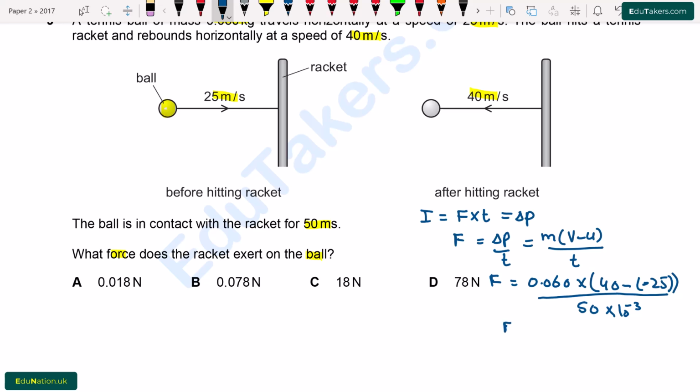So force will be equal to 78 Newton. Now we see the option. Option A 0.018 Newton, B 0.078 Newton, C 18 Newton, D 78 Newton. From here, option D is correct.